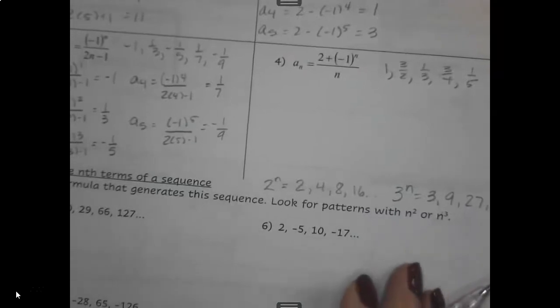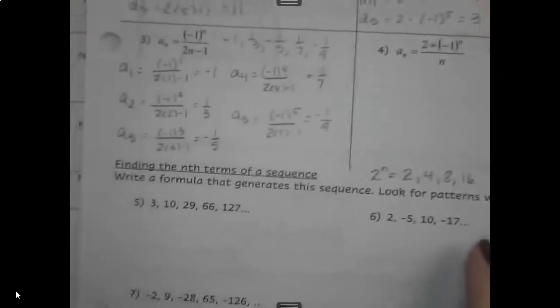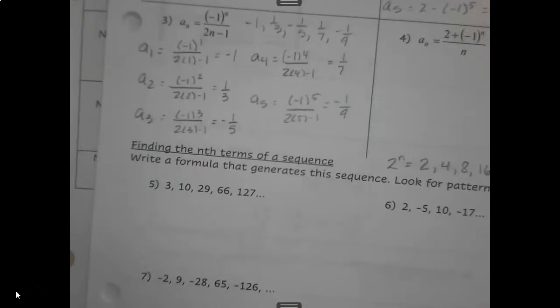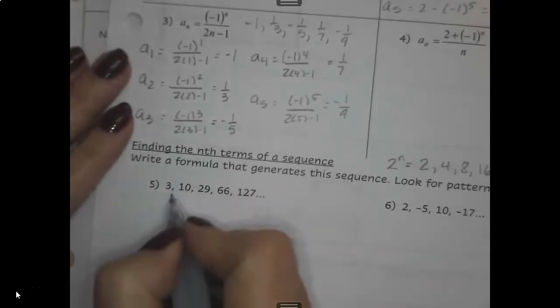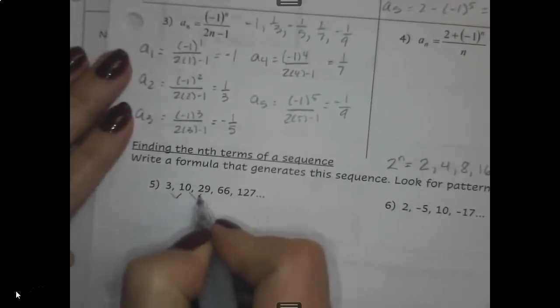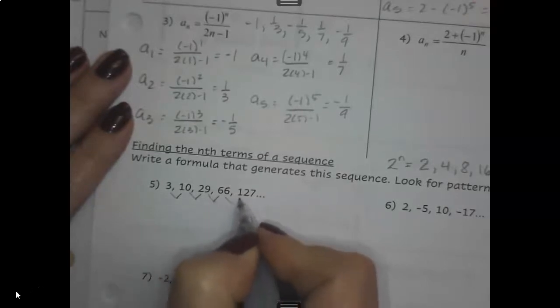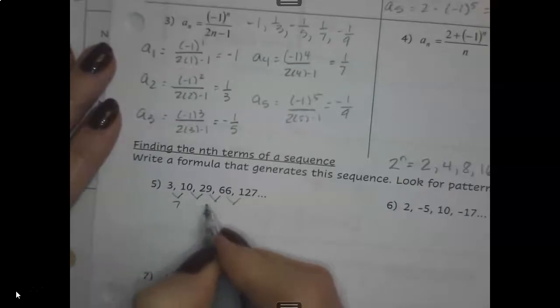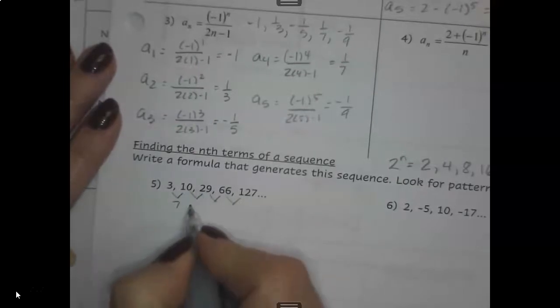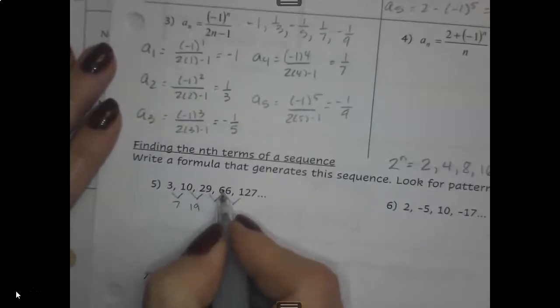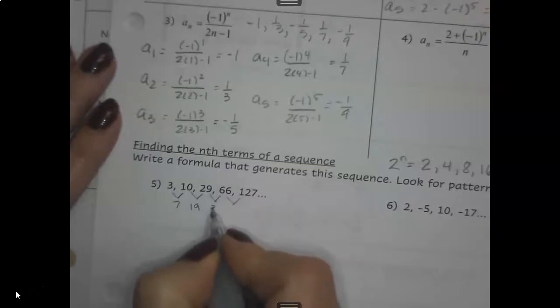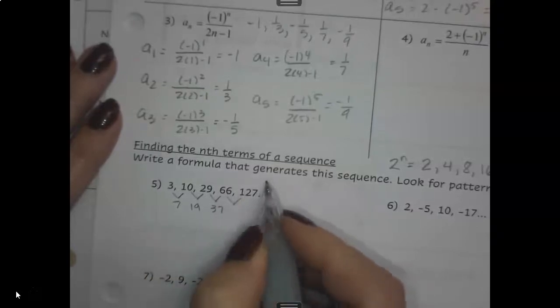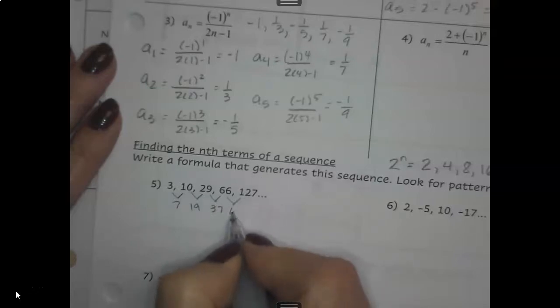One of the things you can do to help figure out a pattern is to see if you can get yourself to a common difference. So 3 to 10 is 7, 10 to 29 is 19, 29 to 66 is 37, and 66 to 127 is 61.